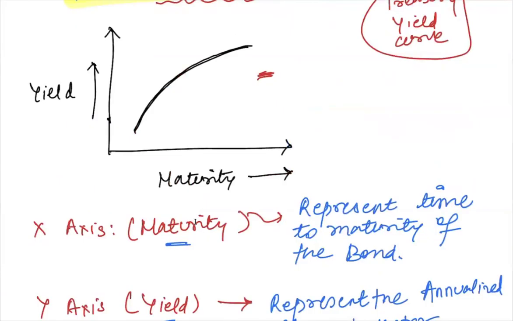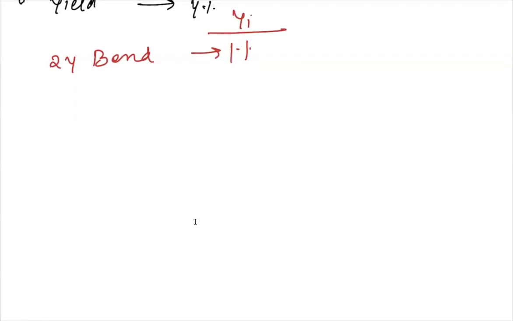How this curve is constructed. Okay. Let me give an example. Suppose we have these bonds. We have a 2 year bond that gives a 1% yield. A 5 year bond gives 1.8% yield.